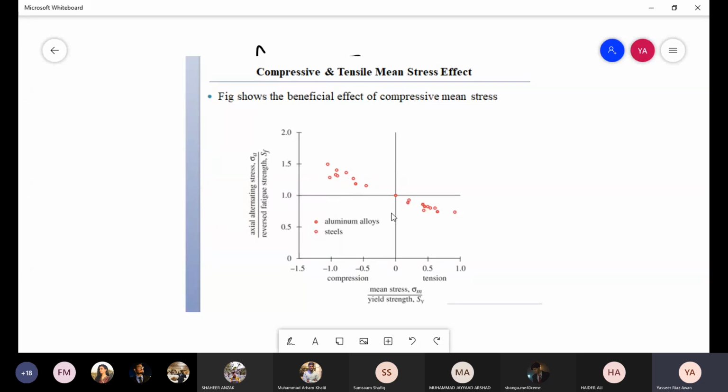So in this graph you can see that this part shows when the mean stresses are negative, compressive, and this part shows when the mean stresses are positive. When the mean stresses are positive, the effect is negative. So you have reduction in fatigue life, whereas when the mean stresses are compressive, the fatigue life is better.